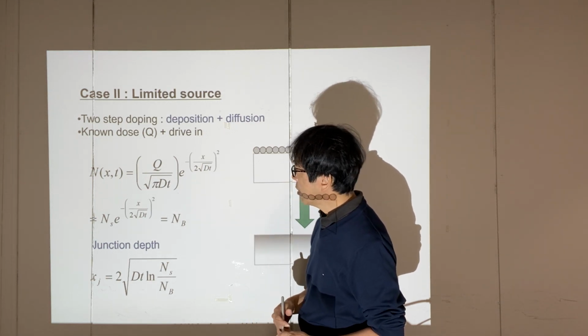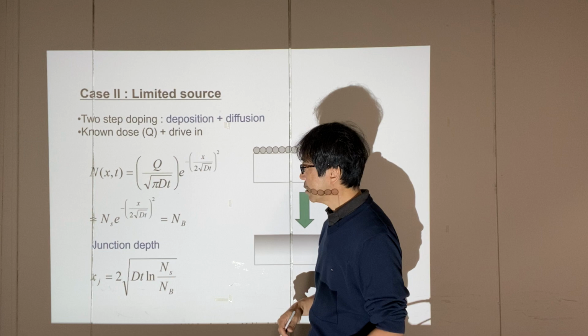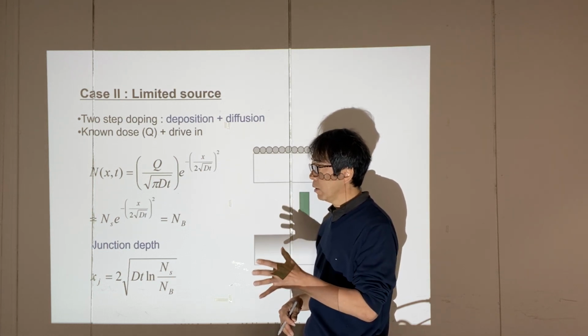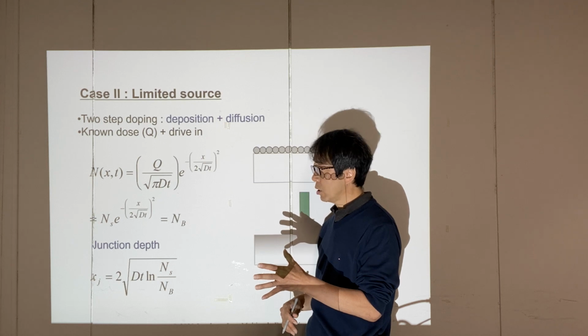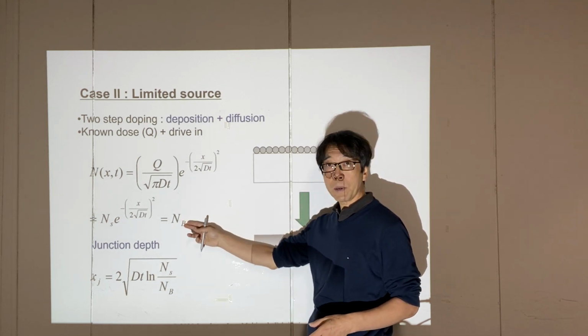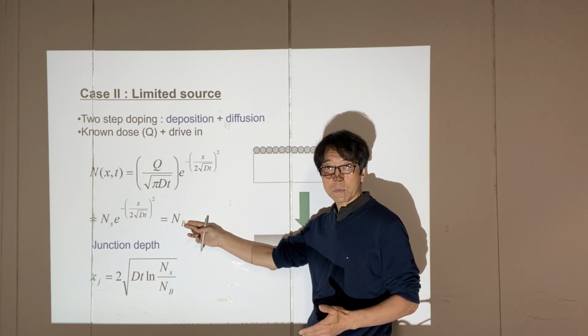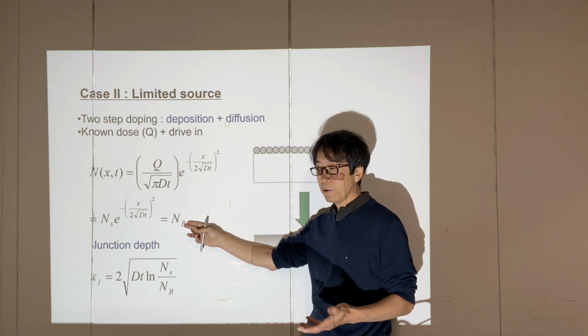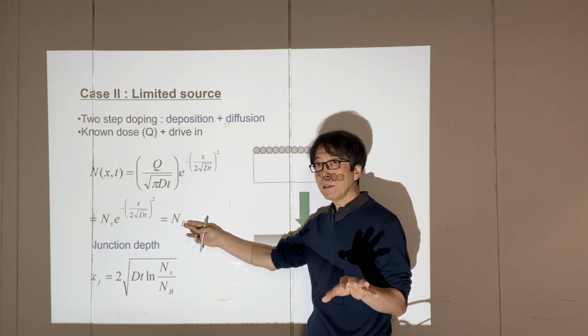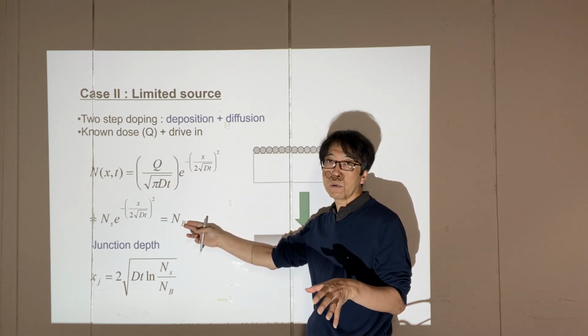What is really important is that, in that case, we would like to know when and where this doping concentration becomes the same as the background concentration. As I said, the wafers we obtain have some kind of lightly doped impurities, p-type or n-type.